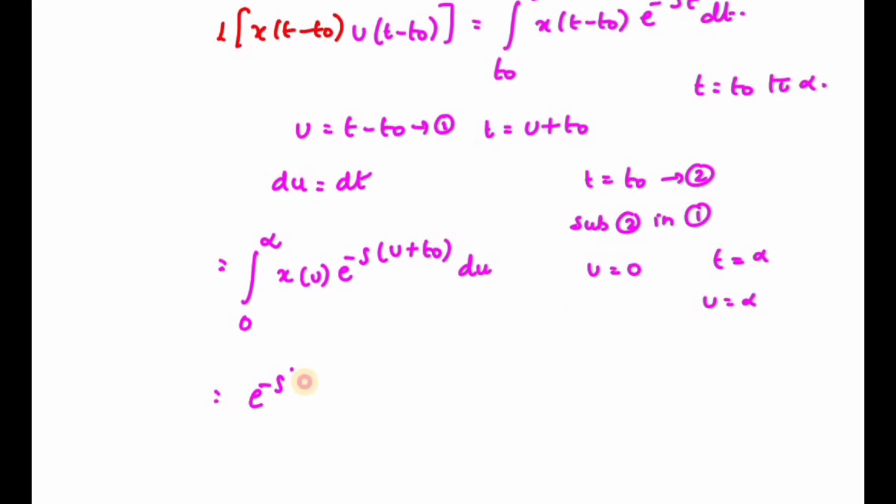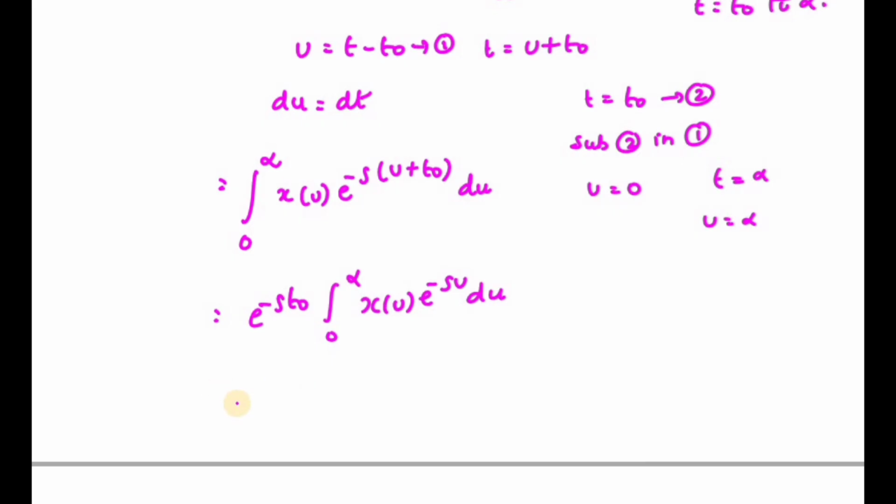I can take e power minus s t naught common, the integral from 0 to infinity of x of u e power minus su du. This is nothing but e power minus s t naught times X of s. Hence the proof.